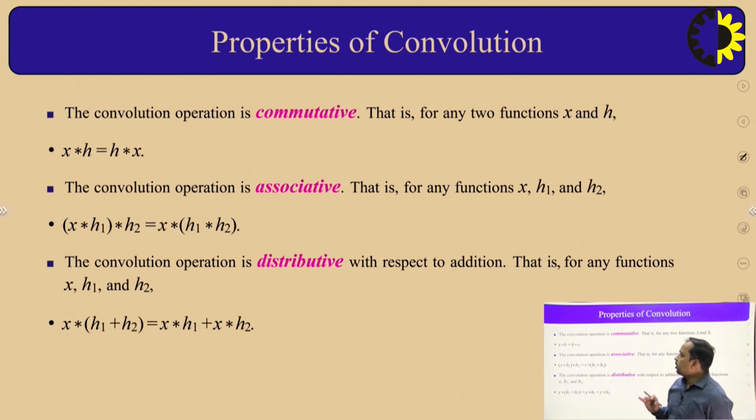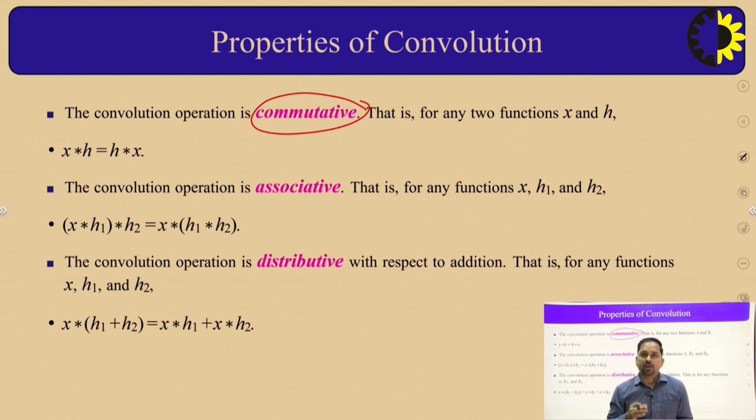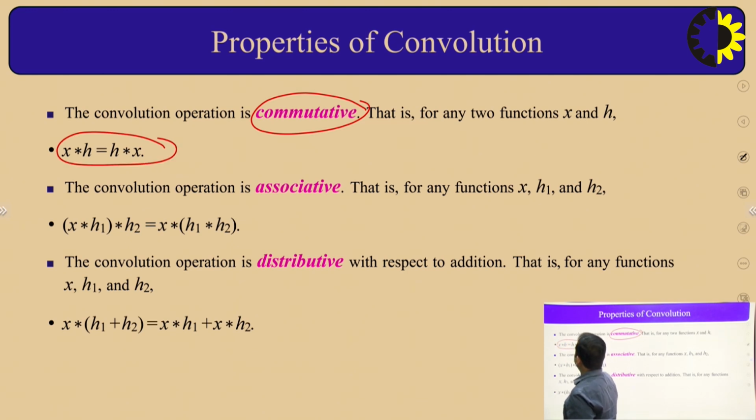These are important properties which we are going to use while performing a convolution summation or a convolution integral. The first property is called the commutative property, meaning if we have x(t) convolved with h(t), we can interchange and have h(t) convolved with x(t), depending upon which signal is the more complicated one.